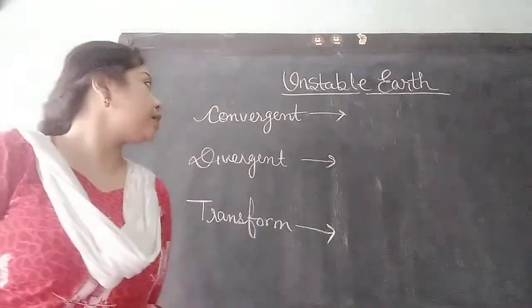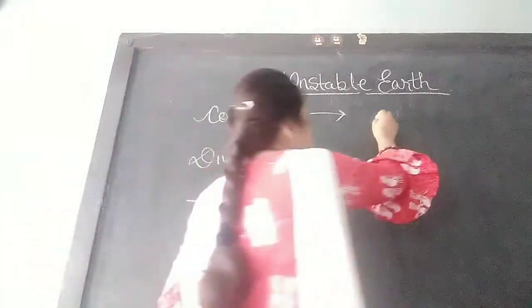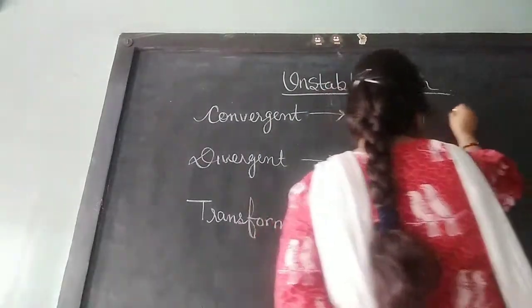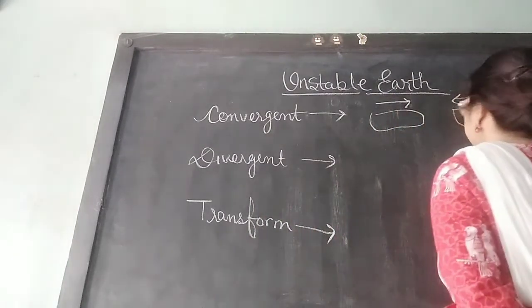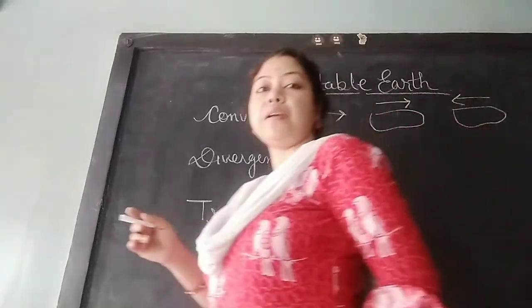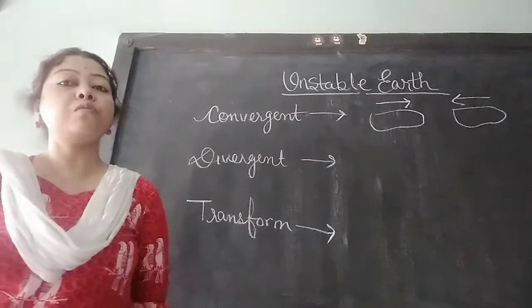So first is the convergent plate boundary. At a convergent plate boundary, the two plates move towards each other. So what will happen?